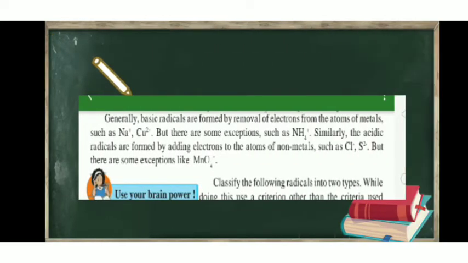Generally, basic radicals are formed by removal of electrons from the atoms of metals such as Na+, Cu2+. But there are some exceptions. Exceptions are NH4+. Similarly, the acidic radicals are formed by adding electrons to the atoms of non-metals such as Cl-, S2-.